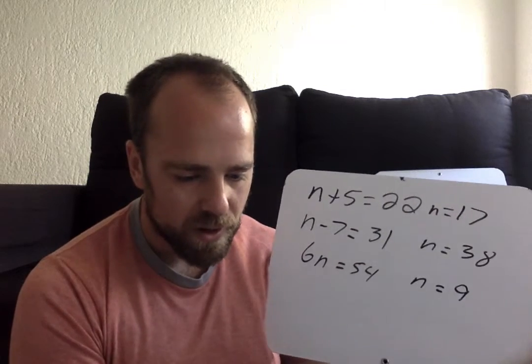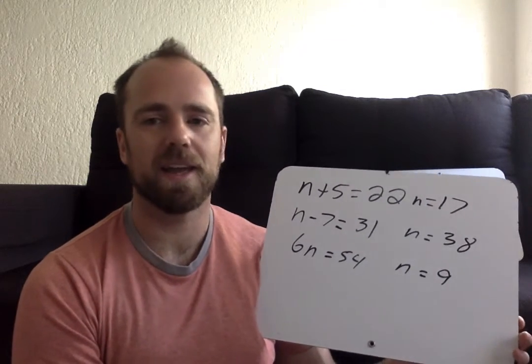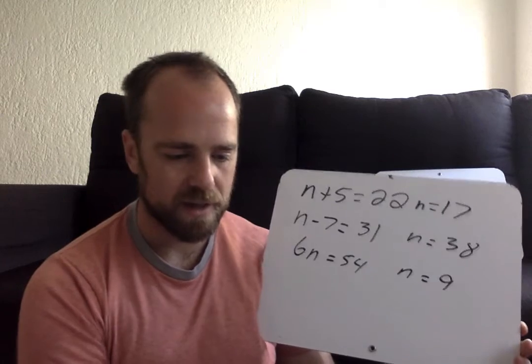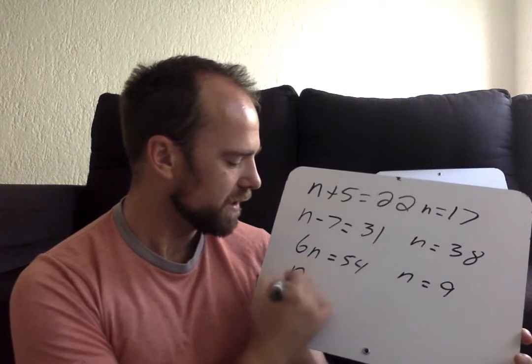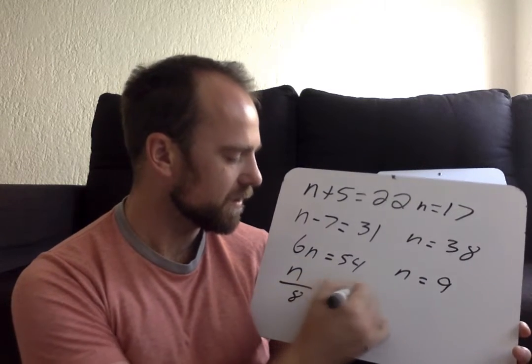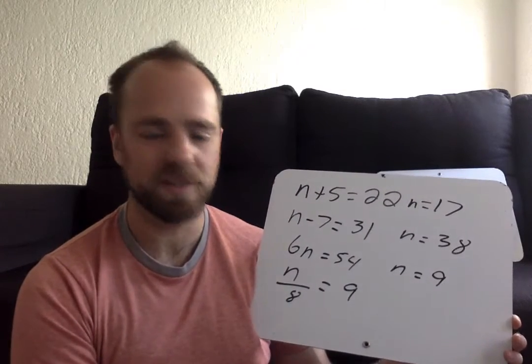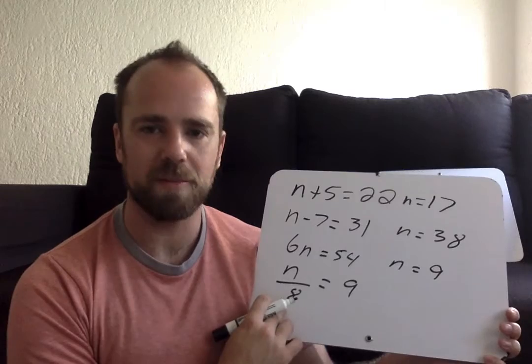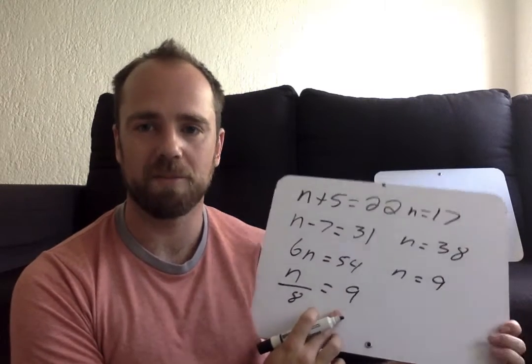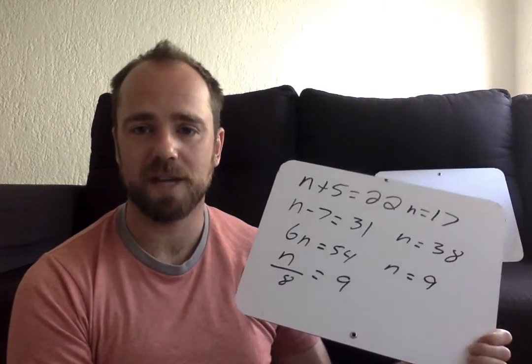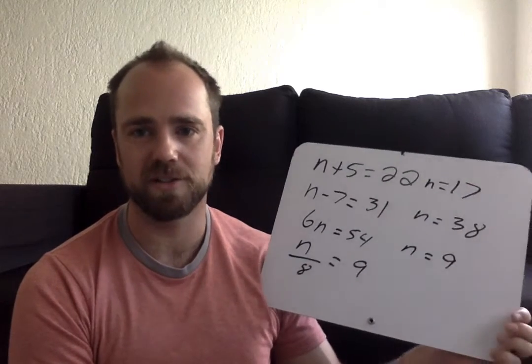One more. A number divided by 8 is 9. So a number divided by 8 equals 9. If I'm doing my opposite operation, I have divided by 8, so now I have to multiply by 8. I did have some students ask me, how come we've got fractions?